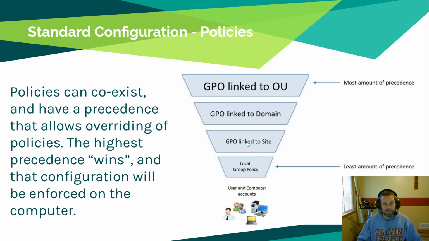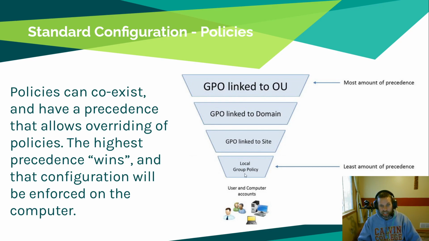However, if I'm in a domain and I have a GPO linked to a site, and remember, sites are a physical location, like an IP subnet in a physical location, then those are going to be applied next. If I have GPOs linked to an entire domain, that'll go next after that. And then lastly, if I link a GPO to the OU where my computer object resides, those will have the highest precedence, and those are the ones that are going to win over everything else.